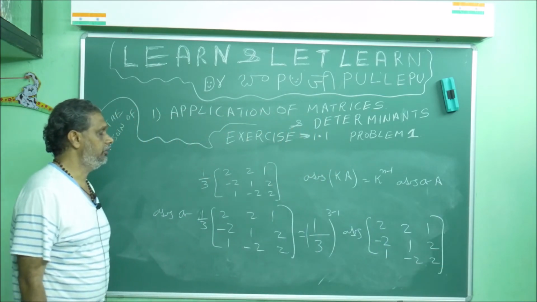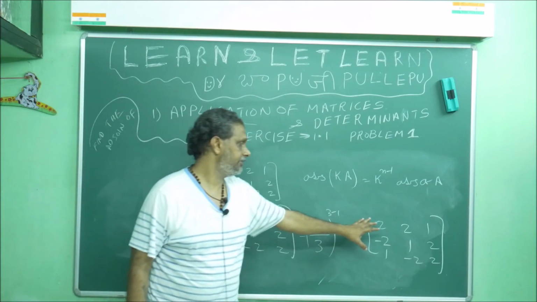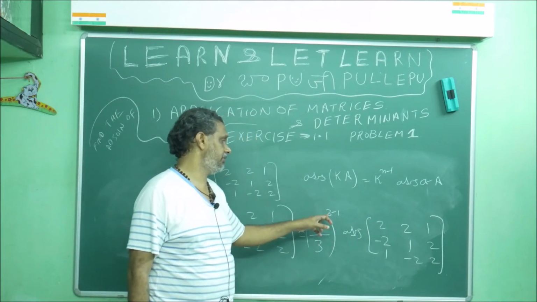Getting or not? So first you can find adjoint of this matrix, finally you can multiply by 1 by 3 square, 3 minus 1 is 2.